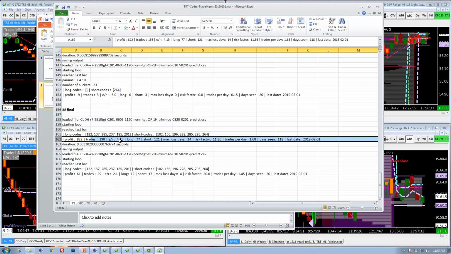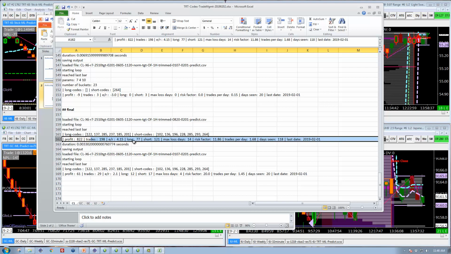You want this number to be as high as you can, and yet still have enough trades to make it worthwhile. I can make this number really high, but you'll take one trade a month, just by picking only the super highest best.